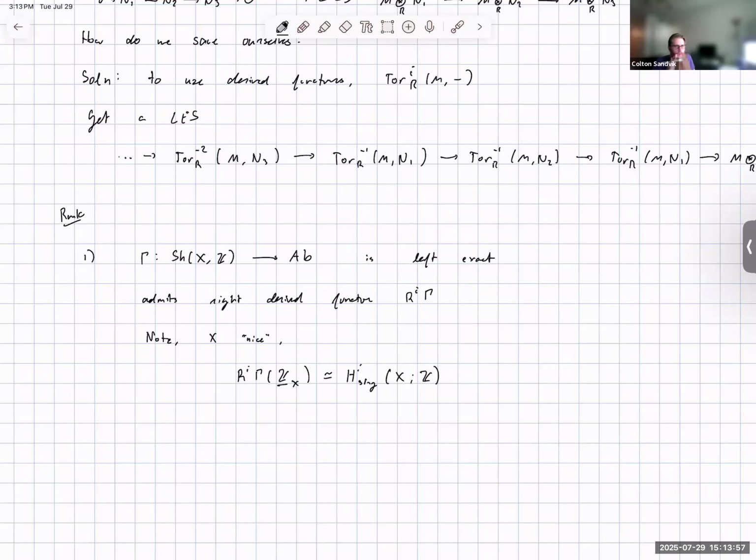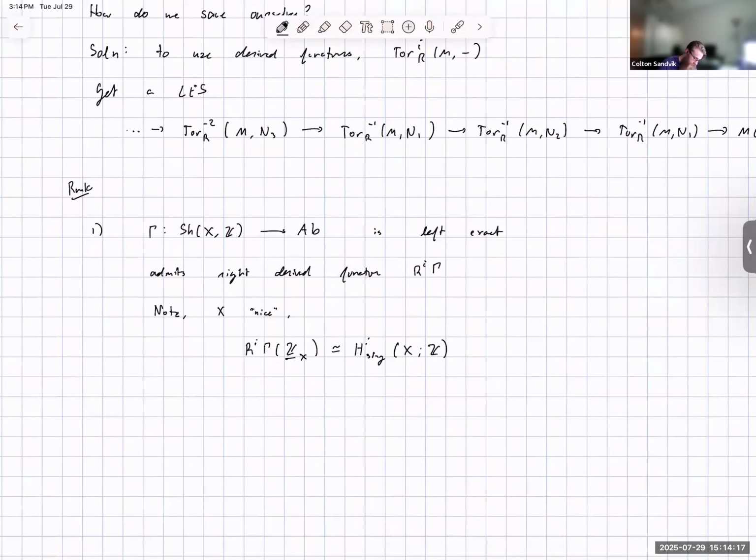So nice is doing a little bit of work, but any manifold, for instance, would be fine, or any algebraic variety over the complex numbers where you look in the analytic topology. And so the takeaway is that in this case, the derived functors are telling you something about cohomology.